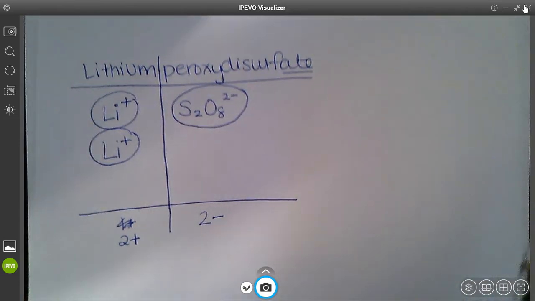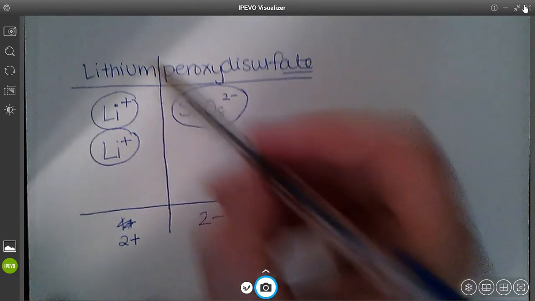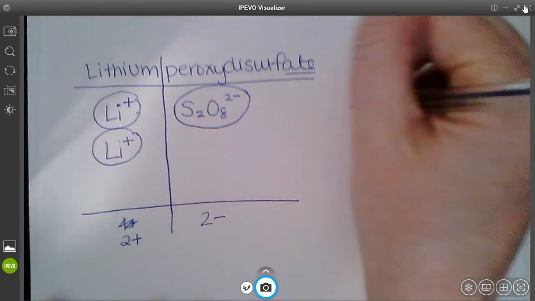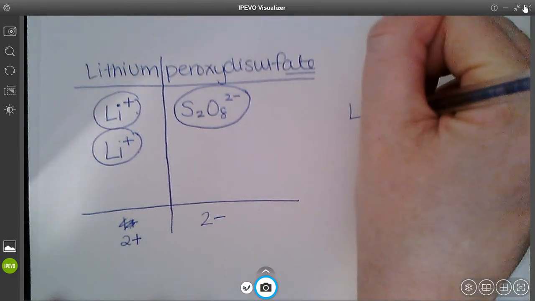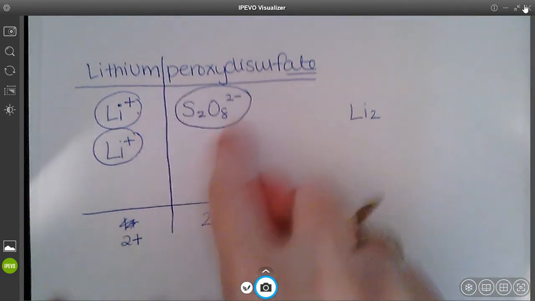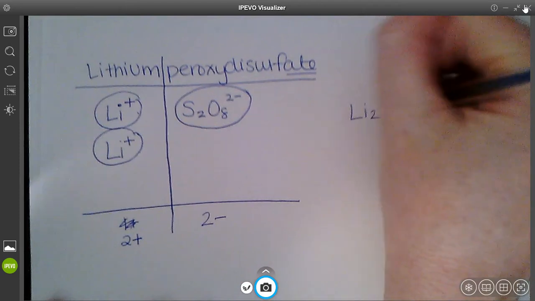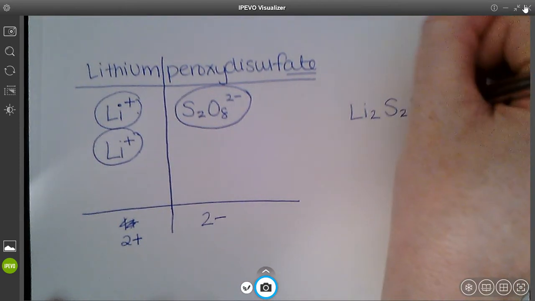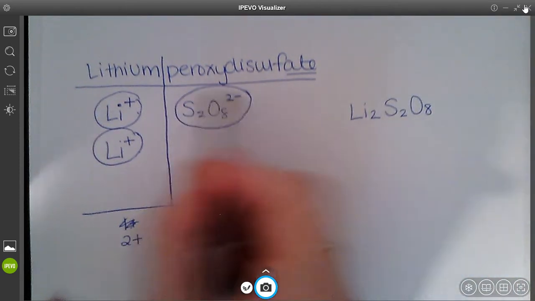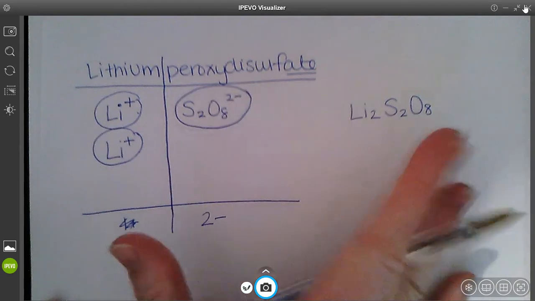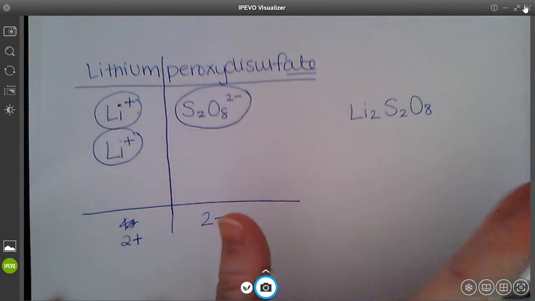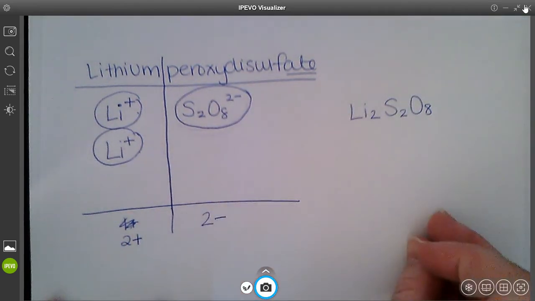Molecules have covalent bonds. On this whole formula unit, I have 2 lithiums, so this is Li2. I have just one of these. I keep my subscripts, S2O8. Since I only have one polyatomic ion, I don't need parentheses. The parentheses would only say I've got multiple groups of this.